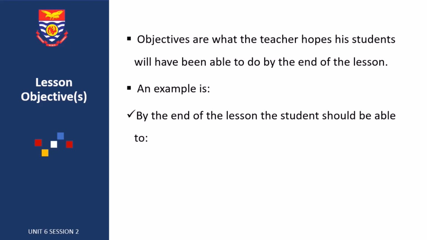An example: by the end of the lesson, the students should be able to... remember this thing we have already looked at. You don't need to write "at the end of this lesson", and you also don't have to write "the students". You need to write in terms of each student. It means every student should benefit from the lesson and should be able to achieve the objectives that you have stated.